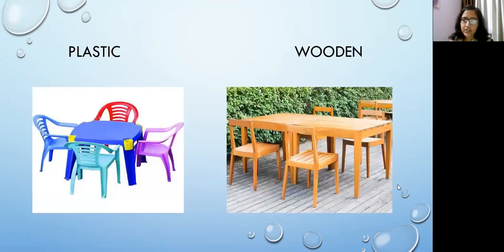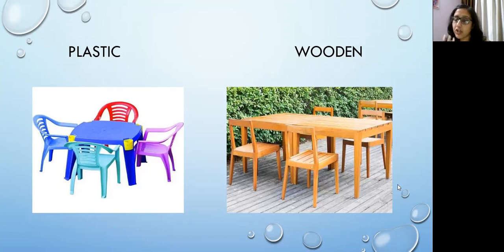See here. Here we can see chairs and table. है ना? So in the first picture, the material used to make these chairs and table is plastic. That is a man-made material. But in the second figure, the material used to make the same objects, the same chair and table, है ना? वही objects बनाने के लिए, which material have they used?